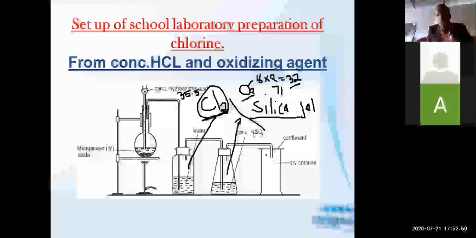So the chlorine gas is collected by this method because it is denser than air, or more dense than air.